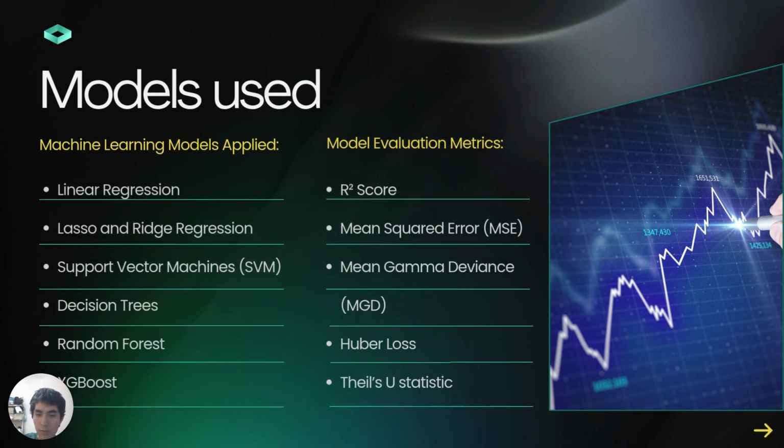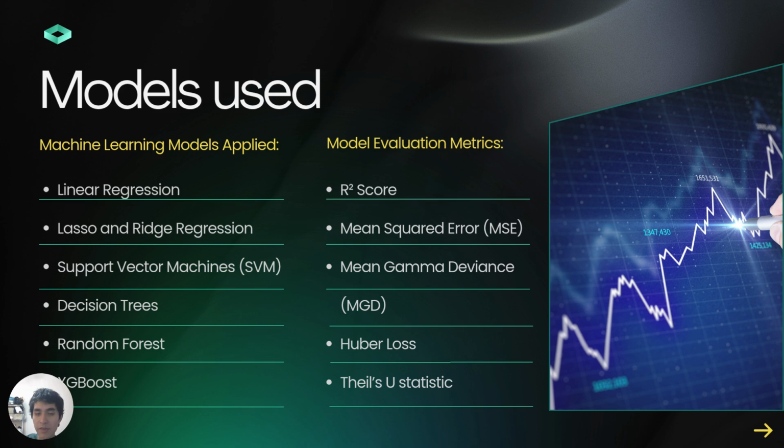To compare model performance, the researchers didn't rely on a single metric. They used five different ones: R-square score, which measures how much variation in the data the model explains; mean square error (MSE), which penalizes large errors; mean gamma deviance (MGD), which is great for skewed distributions like financial data; Huber loss, which balances sensitivity and robustness; and Theil's U statistic, which compares a model's performance to a basic benchmark.